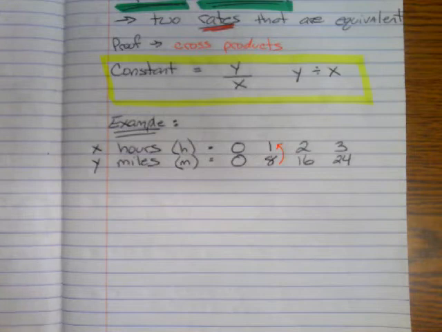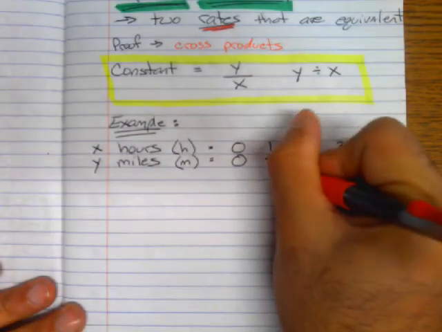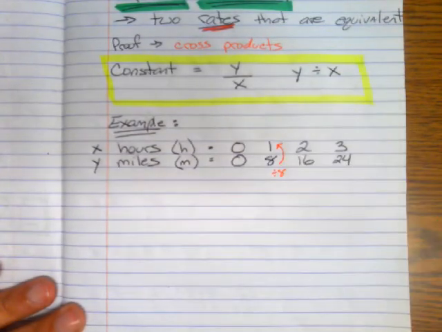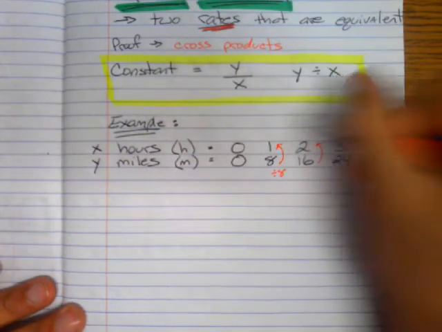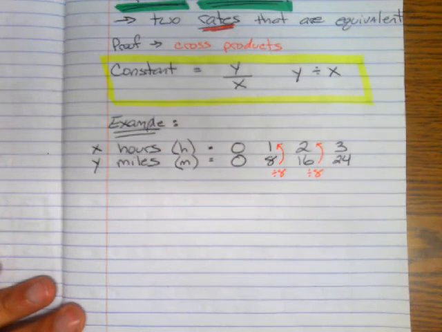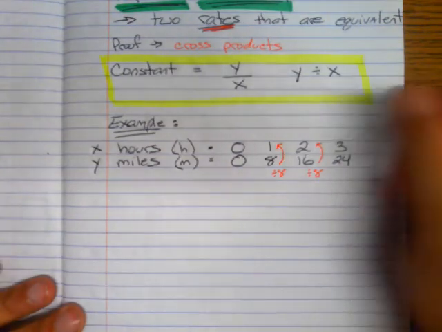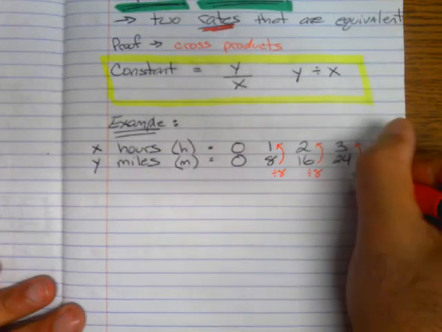Well, if you divide any number by itself, you're going to get 1. So I'm going to divide this by 8. What do I do to 16 then to get 2? Same thing. Divide that by 8. What do I do to 24 to get to 3? Same thing. We divide that by 8.